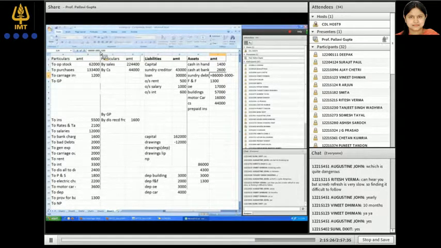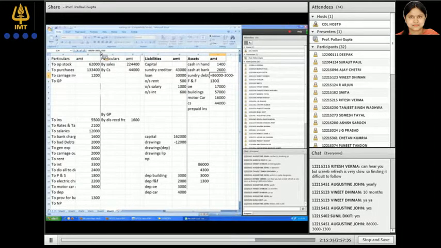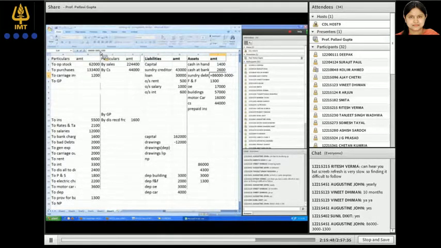Then next is insurance premium, the seventh adjustment. Insurance premium includes rupees 4000 paid towards the proprietor's LIP. So the LIP is for the proprietor's life insurance policy. So this is the personal expense of the proprietor which the business has paid.